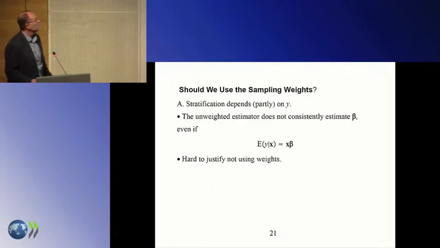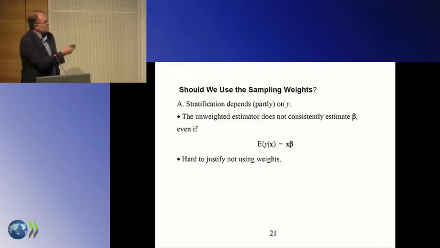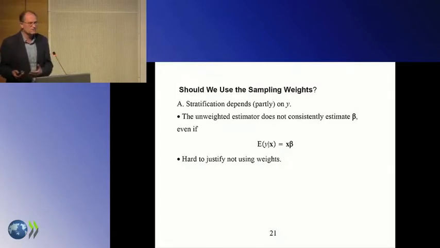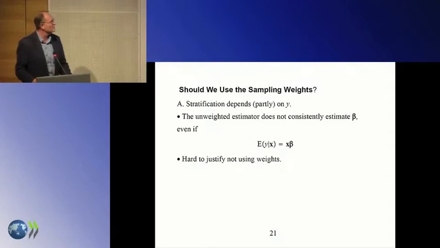Okay, so now the question is, I'm going to just take this head on now. Should we use the sampling weights? Okay, so the stratification depends. There's one case where you clearly have to do this, I think, and that is if the stratification depends on Y, or if it depends partly on Y. If you don't know whether it depends on Y or not, then you should probably assume that it does.